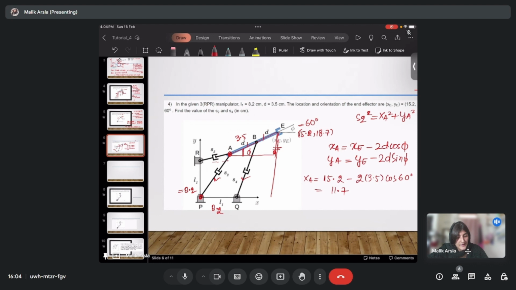It is 11.7, and ya is coming out to be 12.63.